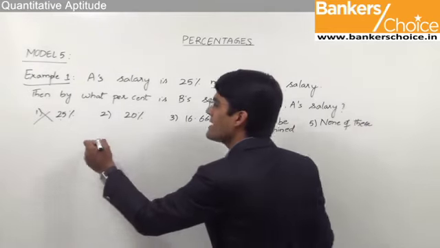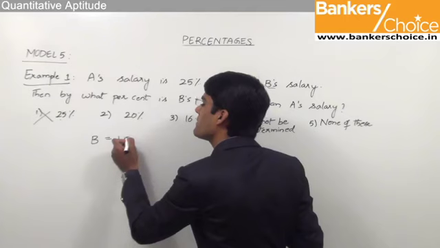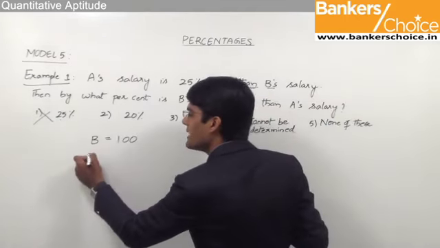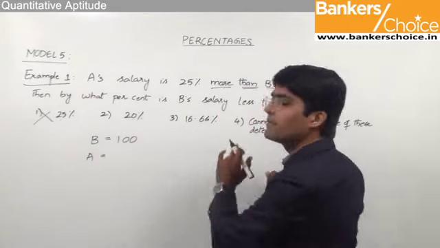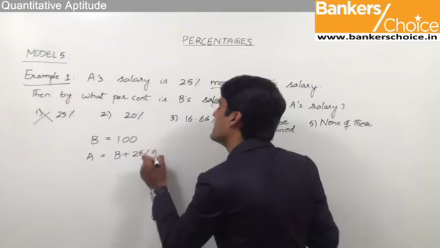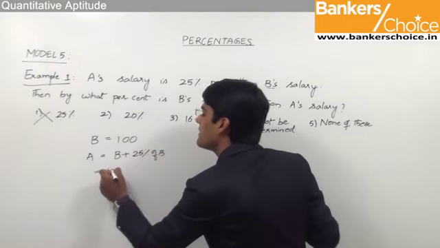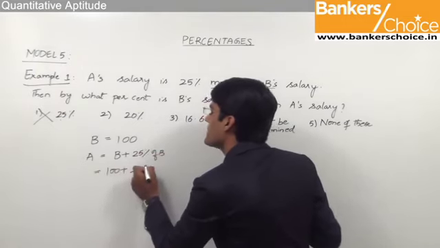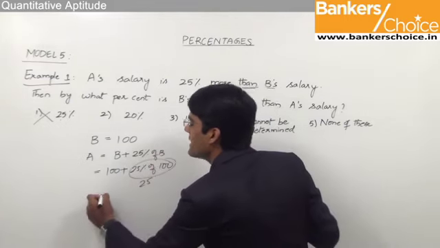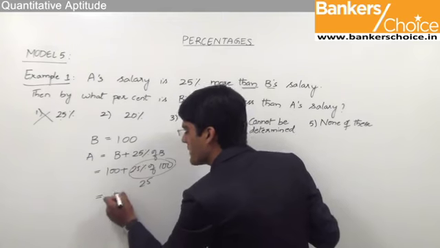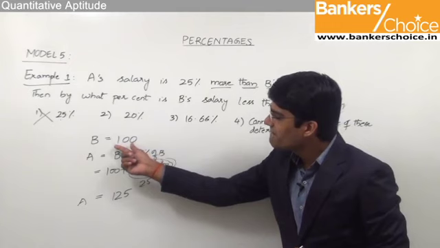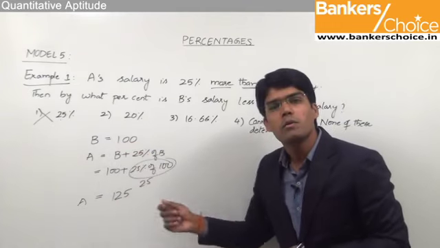So let us assume that B's salary is 100 rupees. Now going by the first statement, we know that A is 25% more than B. So we can take it as B plus 25% of B. Now this is 100 plus 25% of 100. 25% of 100 is 25. So A's salary here comes out to be 100 plus 25, 125 rupees. So here very clearly, if B is equal to 100, then A will be equal to 125.